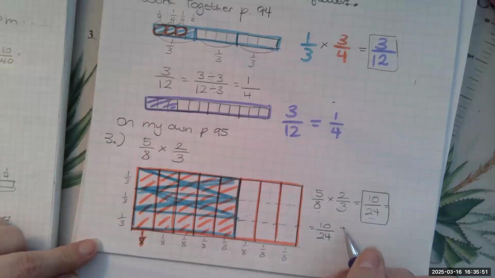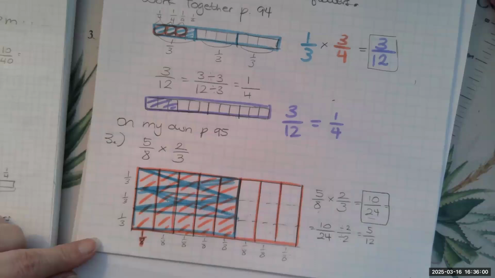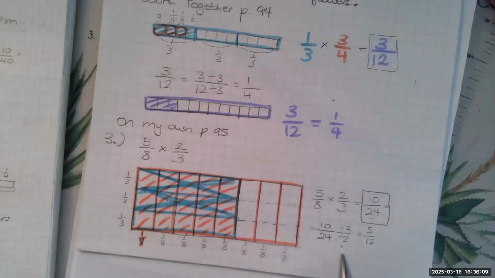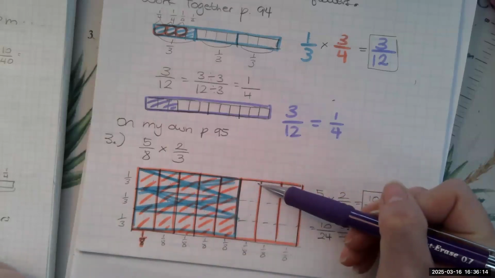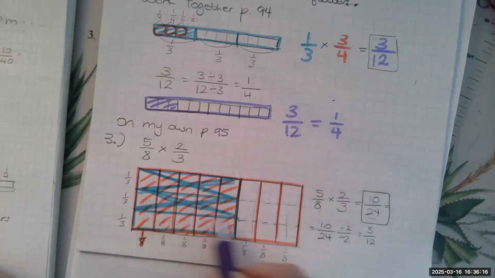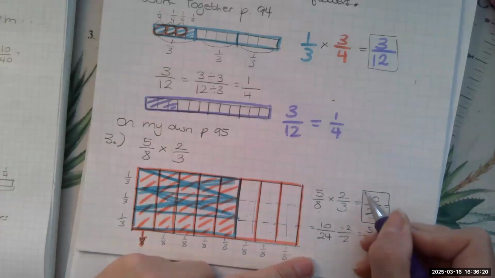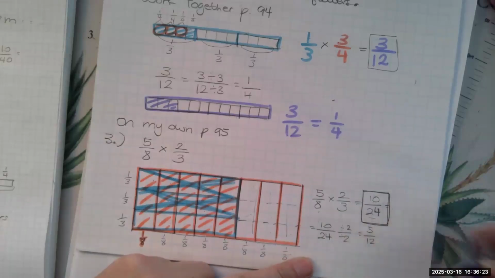Just for practice, I could simplify that and say divided by 2, divided by 2, 5/12. But remember, this is your result, 10/24.